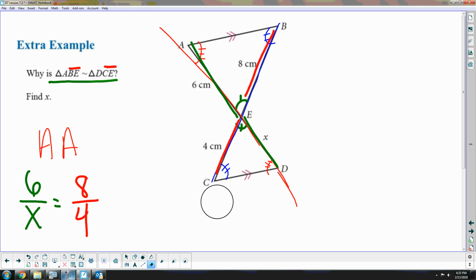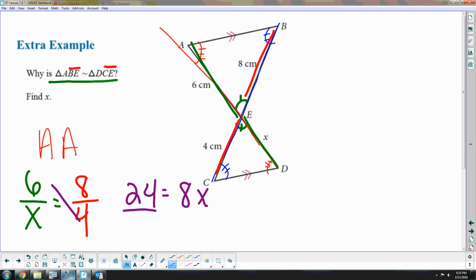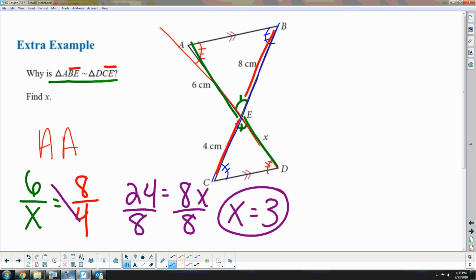Corresponding sides are proportional. Okay, so 6 to x equals 8 to 4. So we can cross multiply here. So we say 24 is equal to 8x. Divide both sides by 8. And x equals 3. And in this case, actually, it does give us units. So we say 3 centimeters.